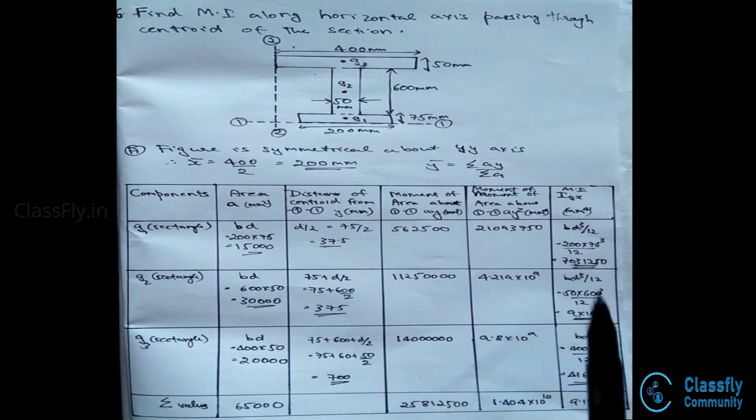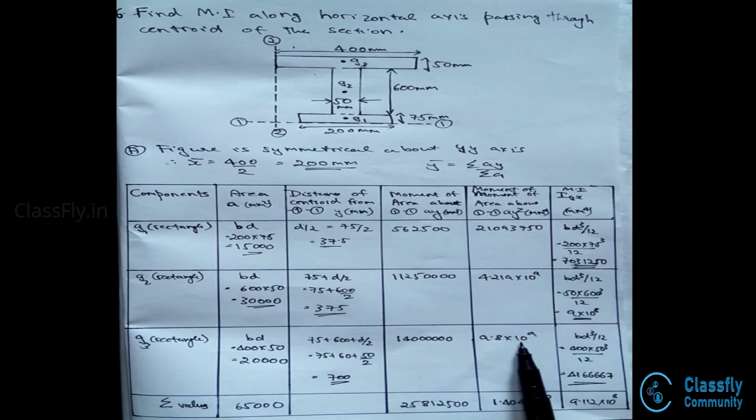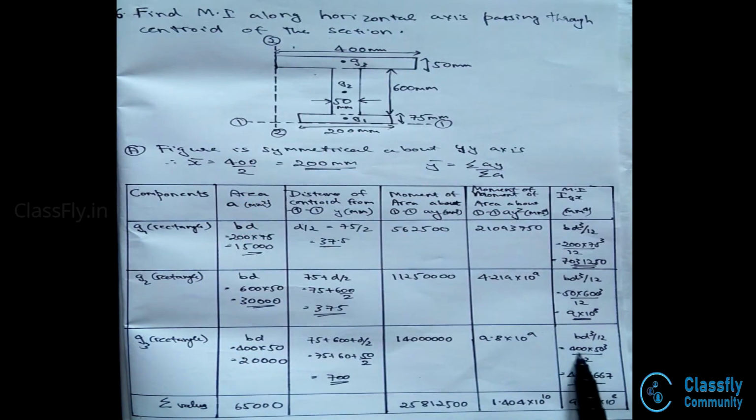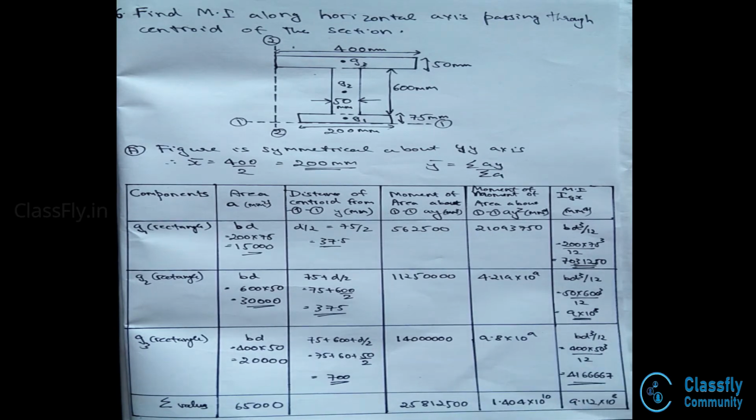The moment of area, that is ay square, will be 20,000 into 700 square, that is 9.8 into 10 to the power 9. Hence, the moment of inertia Igx will be nothing but bd cube by 12 for this rectangle, that is 400 into 50 cube divided by 12. Hence, this will be 4166667.